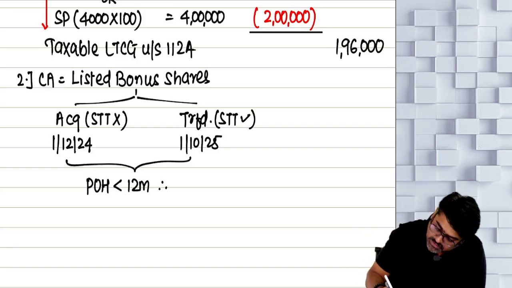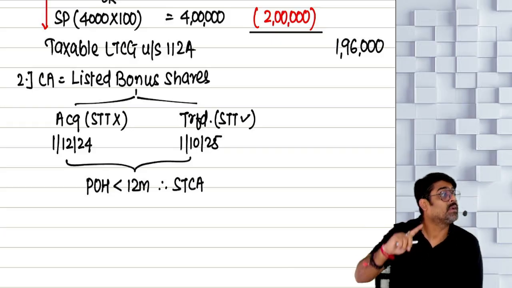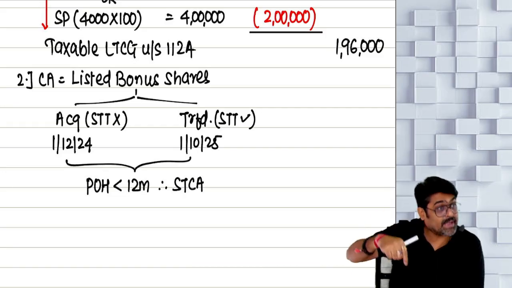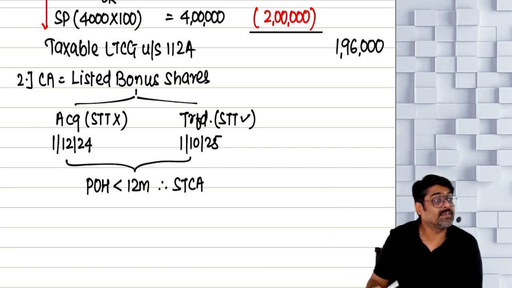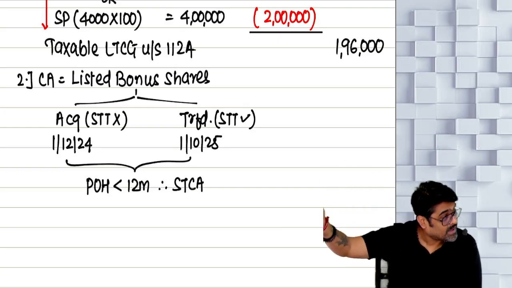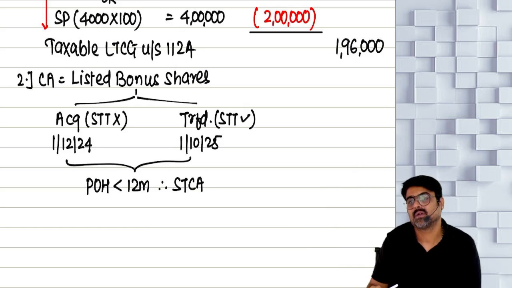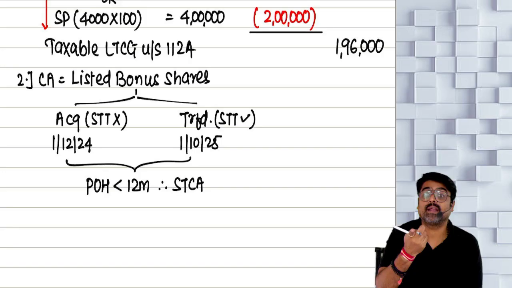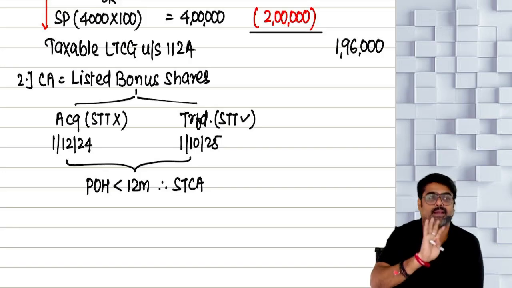Therefore it will be a short-term capital asset, but now your short-term capital gain will be under 111A. This is STT paid short-term gain. It will go to 111A. Yes or no? But if it was long-term gain, then it was STT paid long-term gain. It will go to 112A.